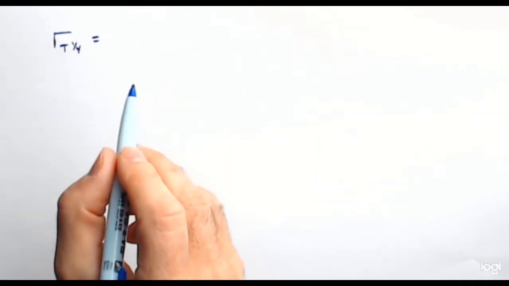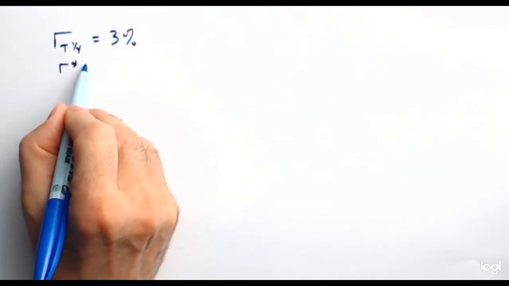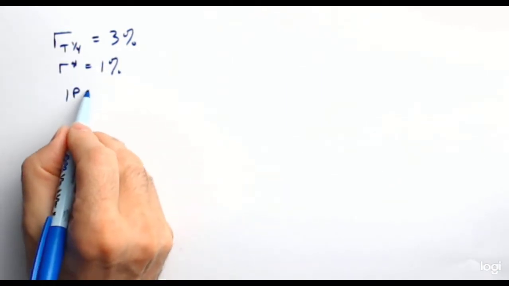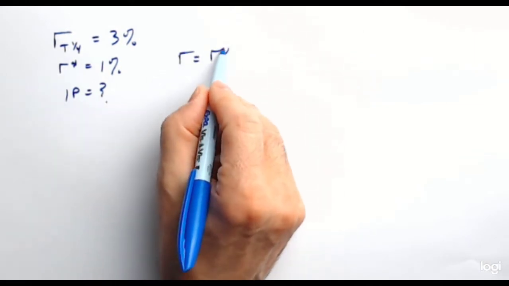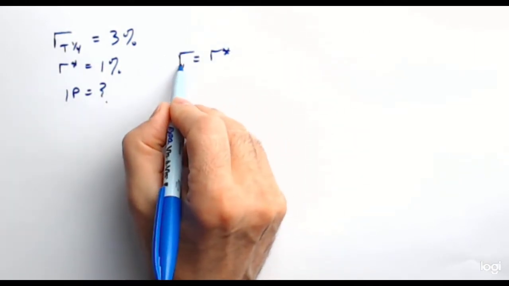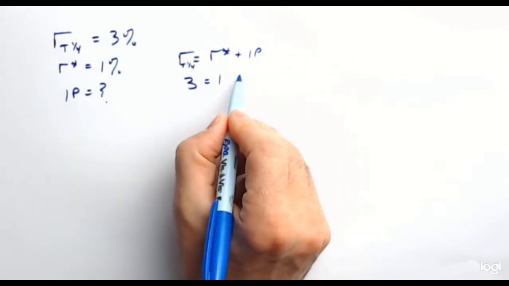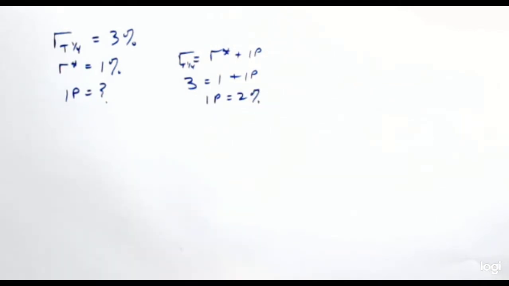And we're going to assume that that nominal rate is 3%, and we're going to assume that the real rate of return is 1%, and then let's back into the inflation premium. Well, it's going to be r equals r star, and this is T 1 quarter, plus IP. This is 3 equals 1 plus IP. The inflation premium is going to be 2%.